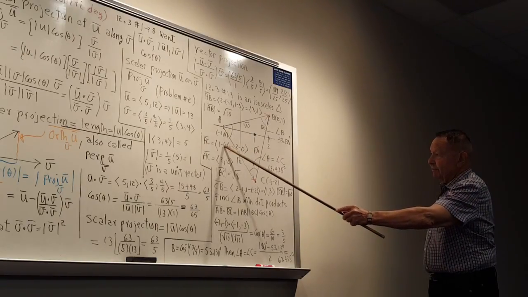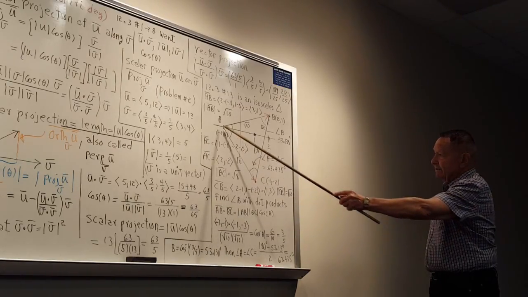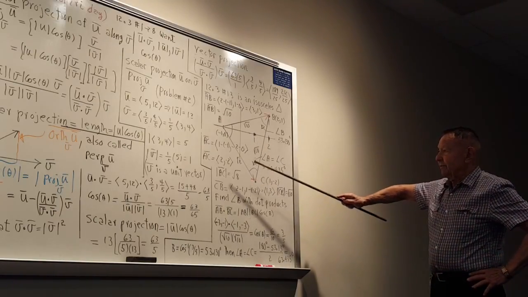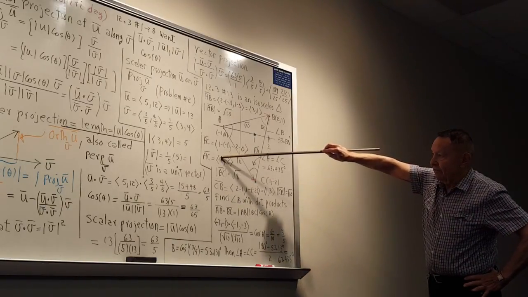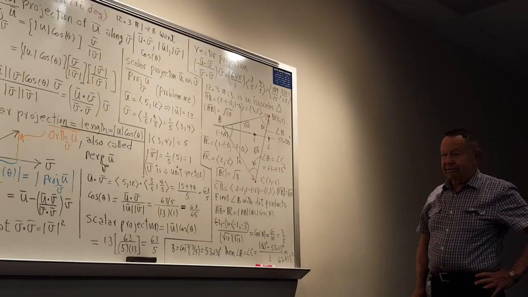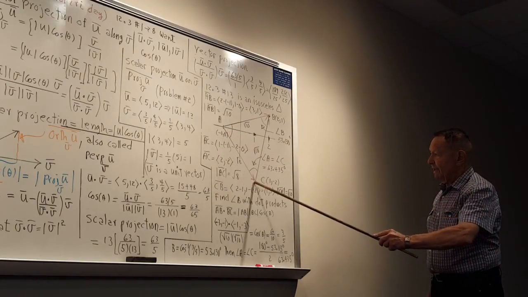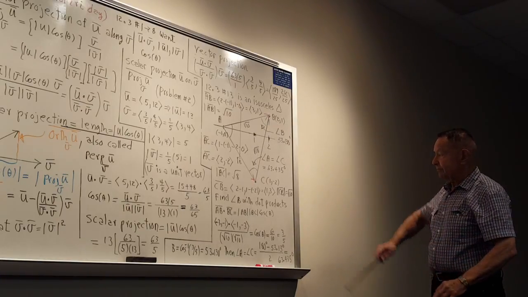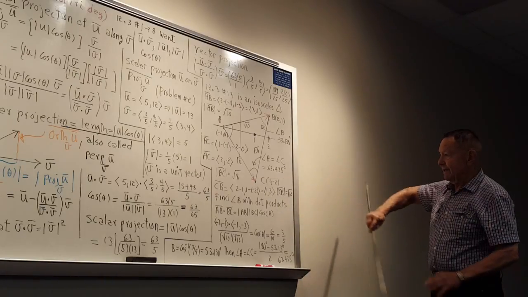So AC would be 2 comma minus 2, which points down. See, it goes 2 to the right and 2 down. So the length, again, you dot this with itself, and you get 4 plus 4 is 8, and then you take the square root. So you have length square root 8 this way, you have length square root 10 this way, and it'll turn out this one also is length square root 10.